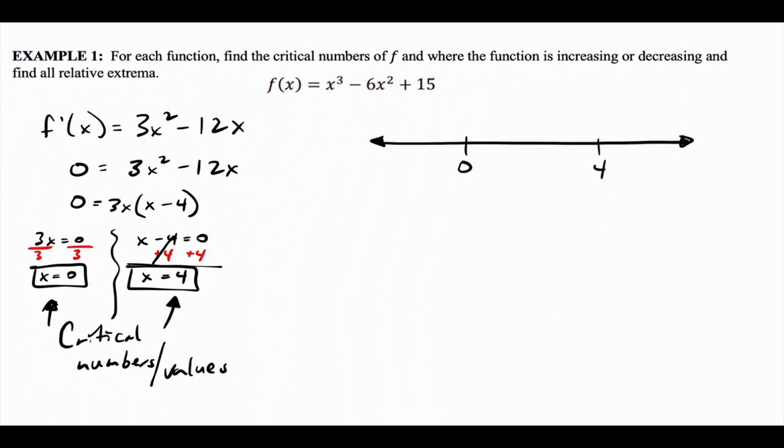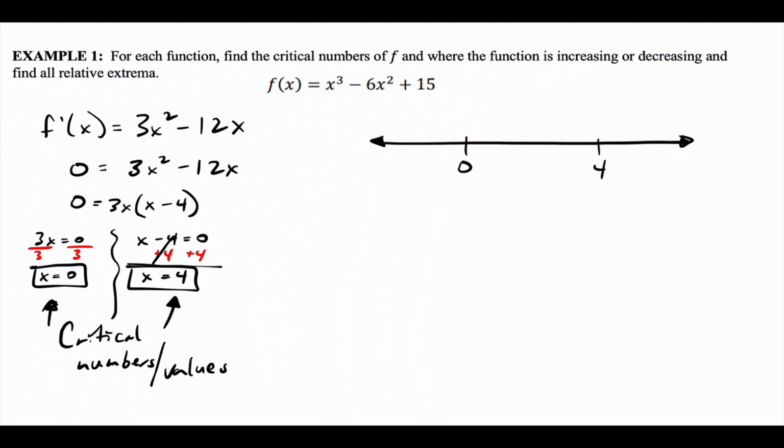Anywhere except 0 and 4, the function has to be either increasing or decreasing. So I need to figure out which. How do I figure out if it's increasing or decreasing? I'm going to use the first derivative test.